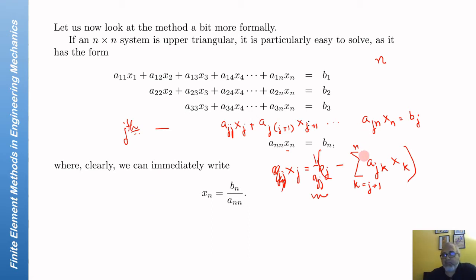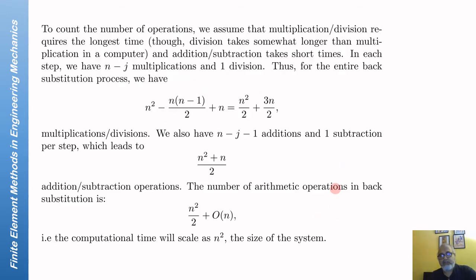So here you have n minus j multiplications. You have one division, and so n minus j multiplications and one division for the jth step.